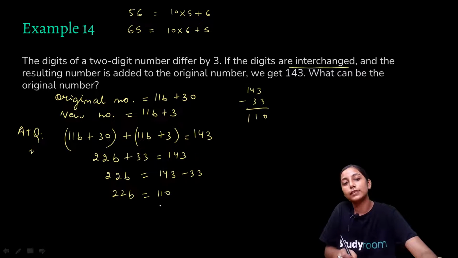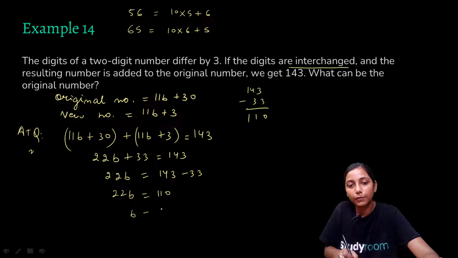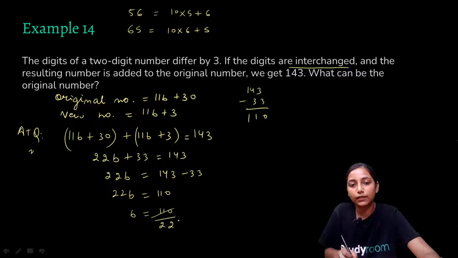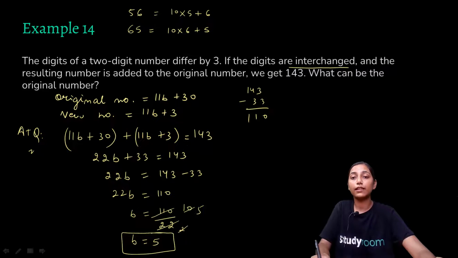Finally, you can divide both sides by 22 and you will get b as 110 by 22. You can divide it by 11 as well, and it's coming as 5. So our b is 5, but this is not the solution that we had to find.